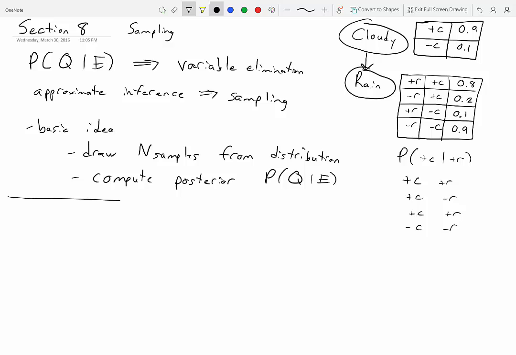So we're going to start off with the most basic approach, which is called prior sampling. So in prior sampling, what we do is we ignore the evidence, and we sample from the joint.